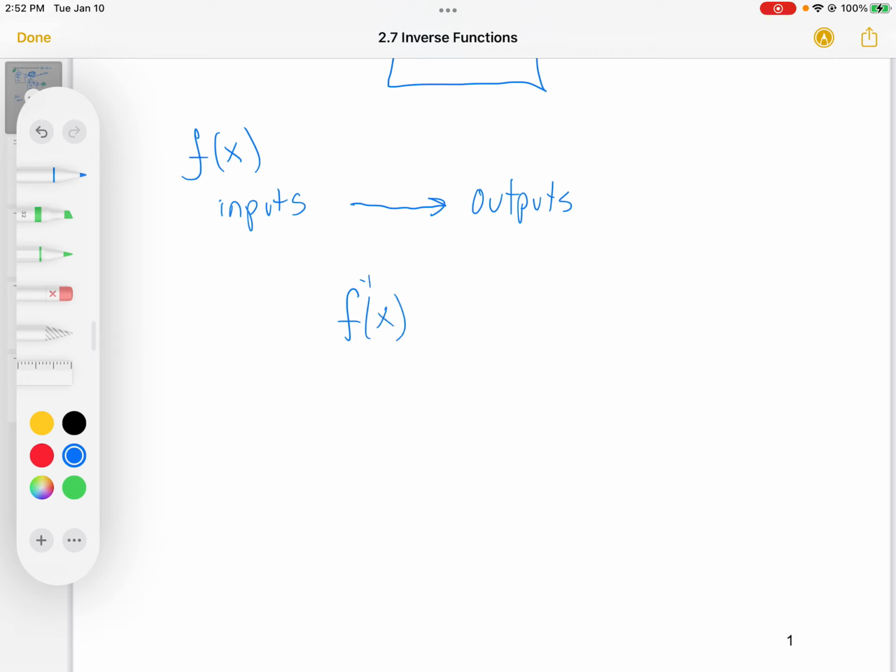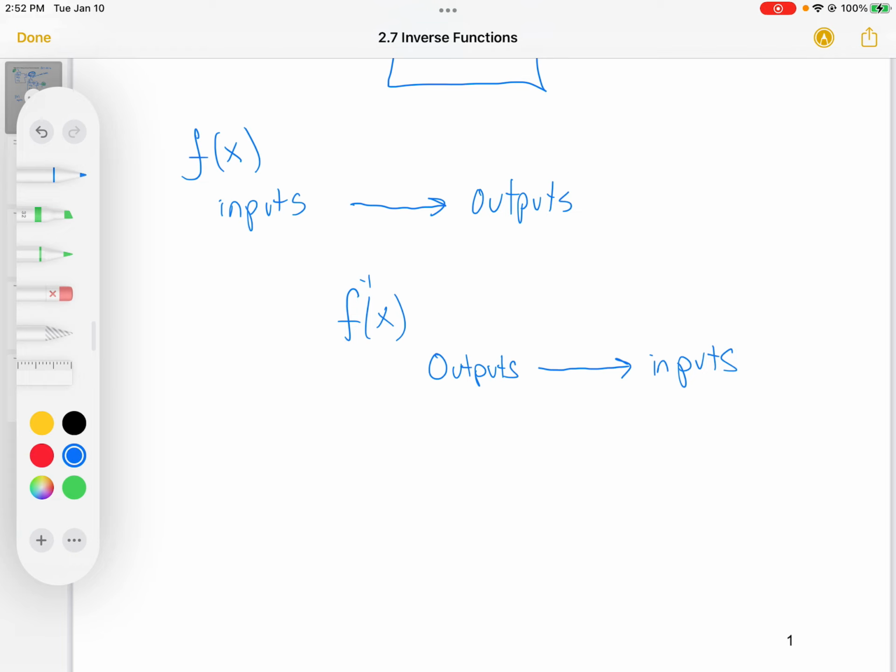And the inputs into our inverse function were the outputs from the original function. You could almost think of our original outputs as now being our inputs, and the new output were the original inputs.